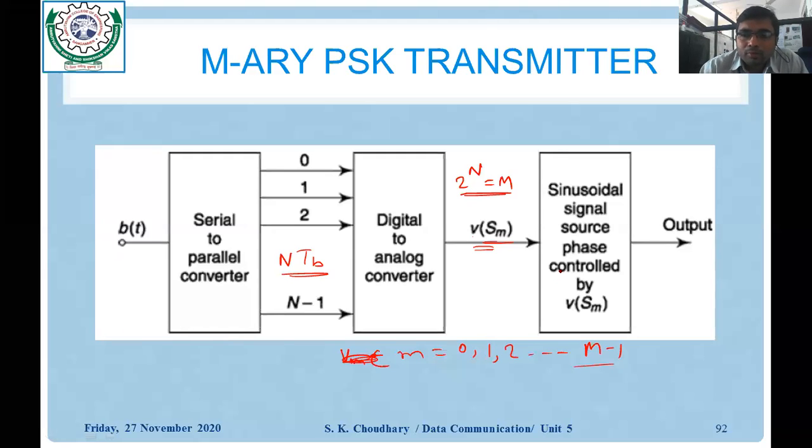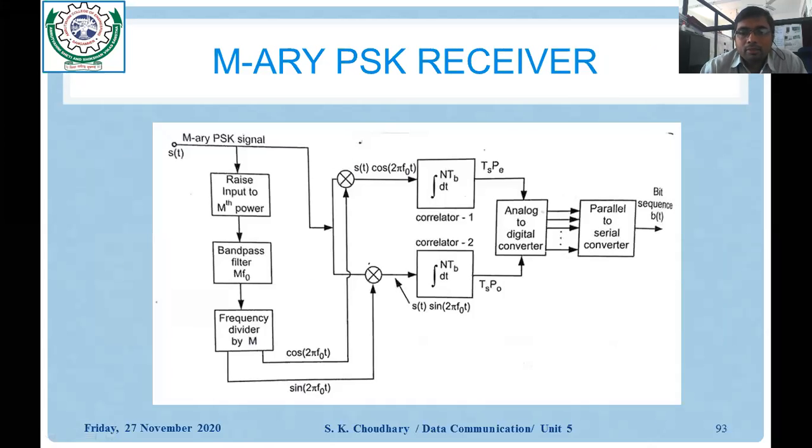Now after generation of the M-ary PSK signal, this is applied to the receiver end. The receiver structure is very much similar to the BPSK and QPSK. Only the squaring circuit has been converted into raising the input to the Mth power.